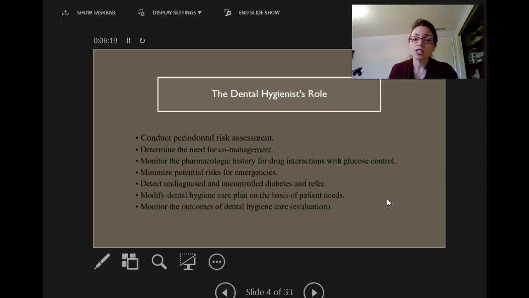We modify our dental hygiene care plan on the basis of the patient's needs, and we monitor the outcomes of dental hygiene care through our evaluation. So these are all the things that we do that are integral to helping our patients who have diabetes get their diabetes under control, stay healthy, have good oral health, and keep with the regular appointments with their other practitioners too, so that everything can be positive with their oral health and their overall health.